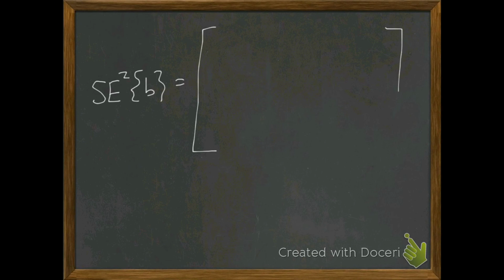What we get is our standard errors squared for our b's: the standard error squared for b0 on the diagonal, the standard error squared for b1, and the standard error squared for b sub p minus 1.